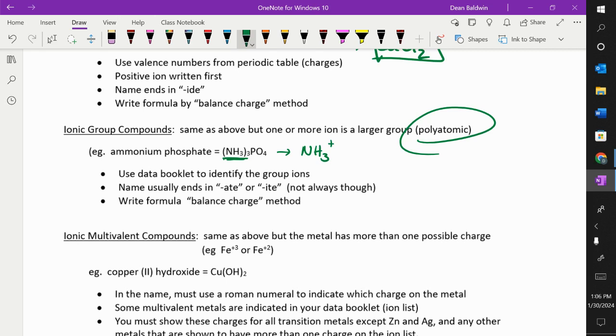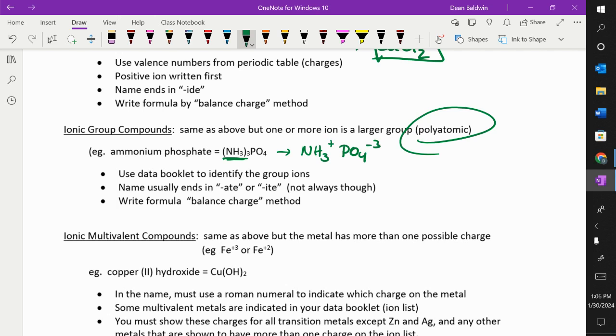That's ammonium. PO4 is phosphate. And then the +1 and the -3 would switch.